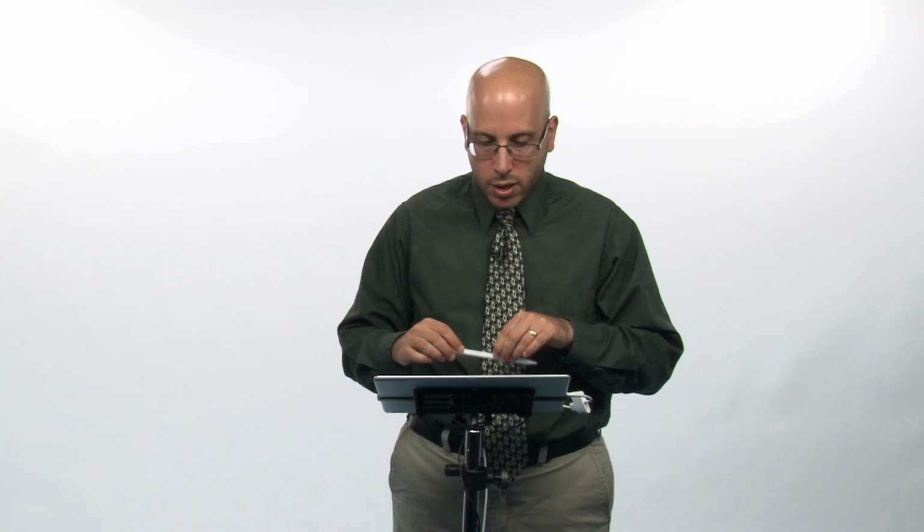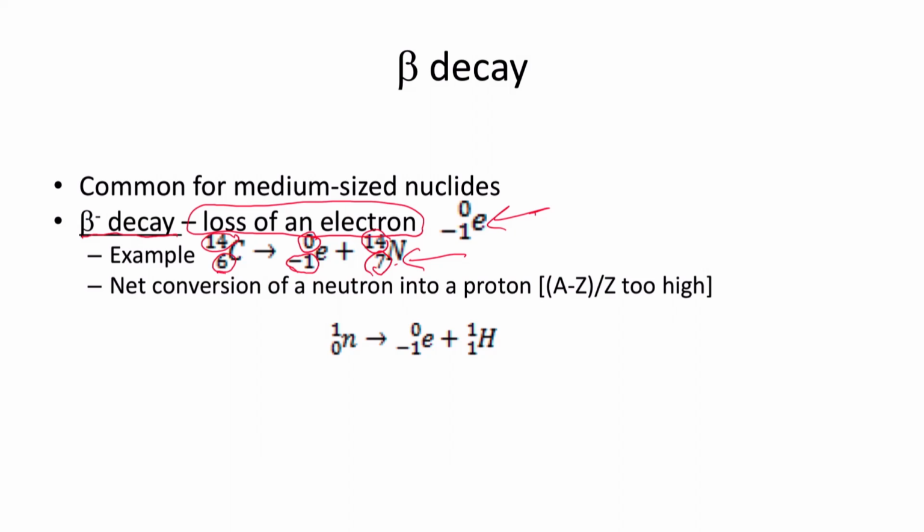A neutron is not really its own thing. A neutron is basically a proton and an electron that fused and made one big particle. So what I'm doing in these beta decay reactions is taking this neutron that consists of a proton and an electron and breaking them apart to create an isolated proton and an isolated electron. And so net, what I'm doing is converting a neutron into a proton. So here's the nuclear reaction for that.